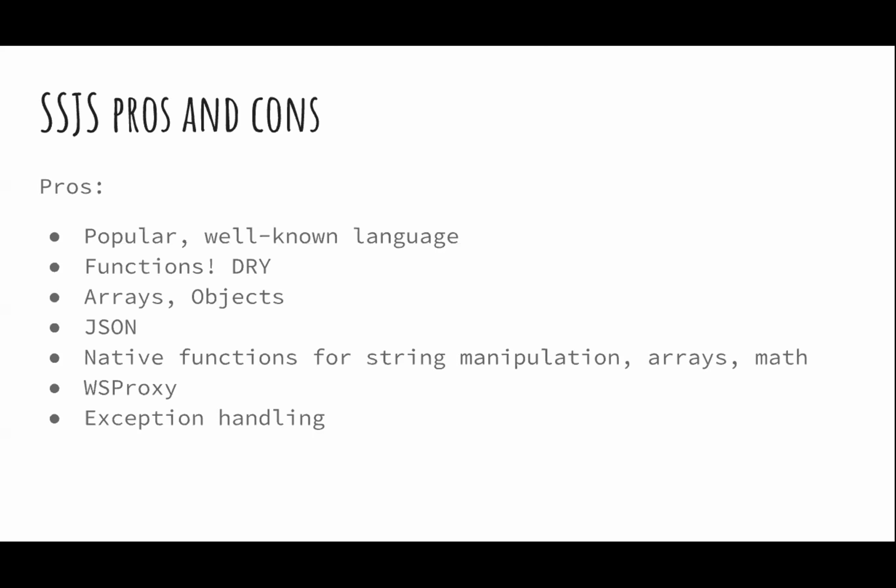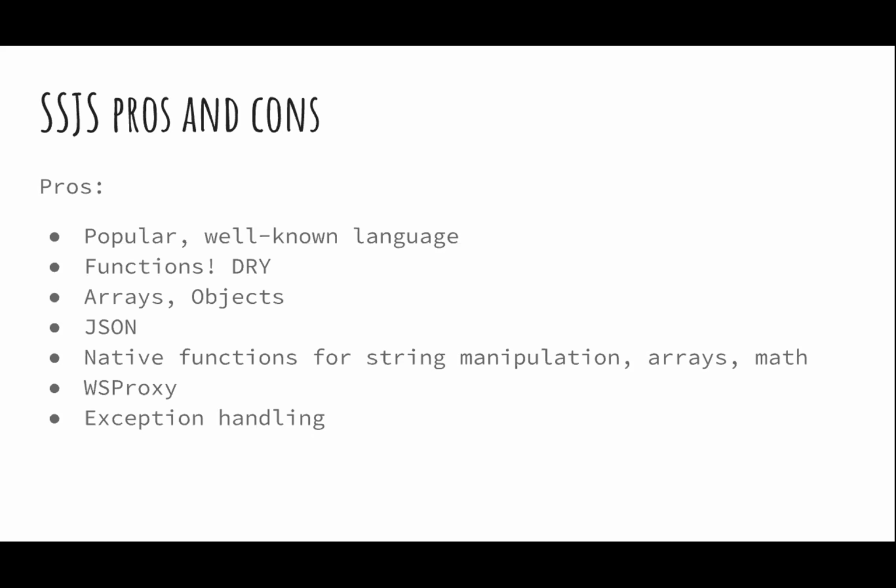Another thing that is good with SSJS is functions. I've got the acronym DRY there: don't repeat yourself is the idea. With functions, you can write something once and then call that function over and over again with various different contexts if you choose, to repeat a specific task multiple times.